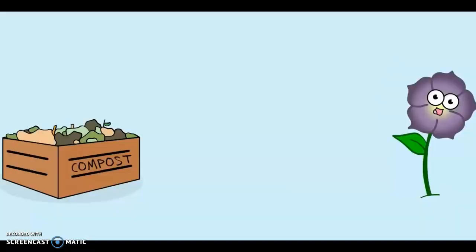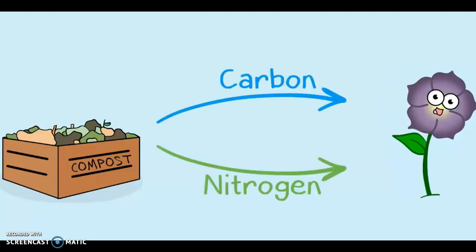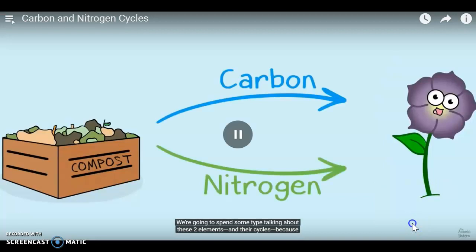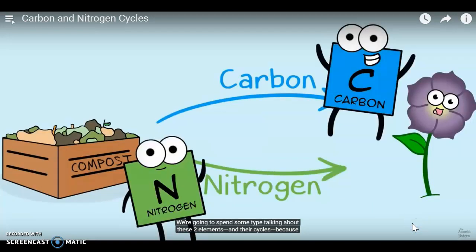Well, there are two major things that compost can supply plants with that are so important: carbon and nitrogen. We're going to spend some time talking about them. Hopefully, we remember carbon and nitrogen from our macromolecules unit. Remember that carbon is in all of our macromolecules, so carbs, lipids, nucleic acids, and proteins all have carbon.